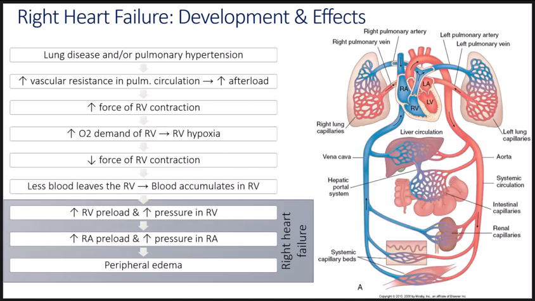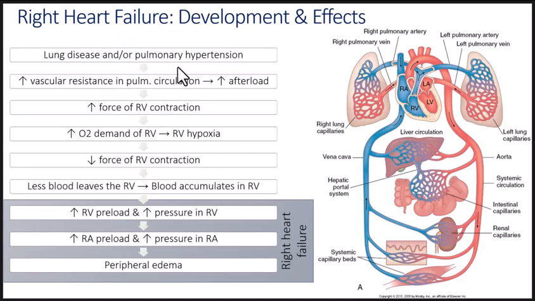Okay, so understanding what I just spoke about is important before we move on to the next slide, because I'm going to be drawing in those concepts into talking about specifically the right heart failing. So let's say somebody has lung disease. Maybe it's COPD or the emphysema I described earlier. Maybe they just have pulmonary hypertension on its own, or maybe they have both.